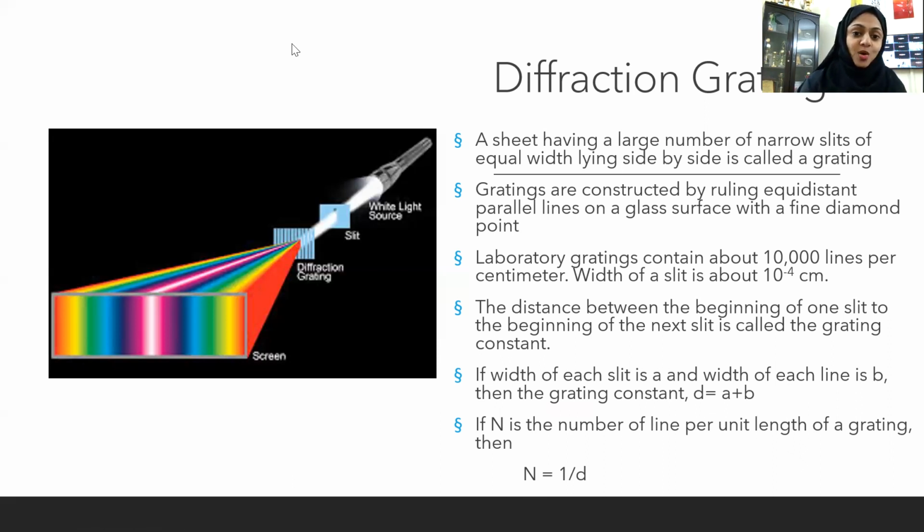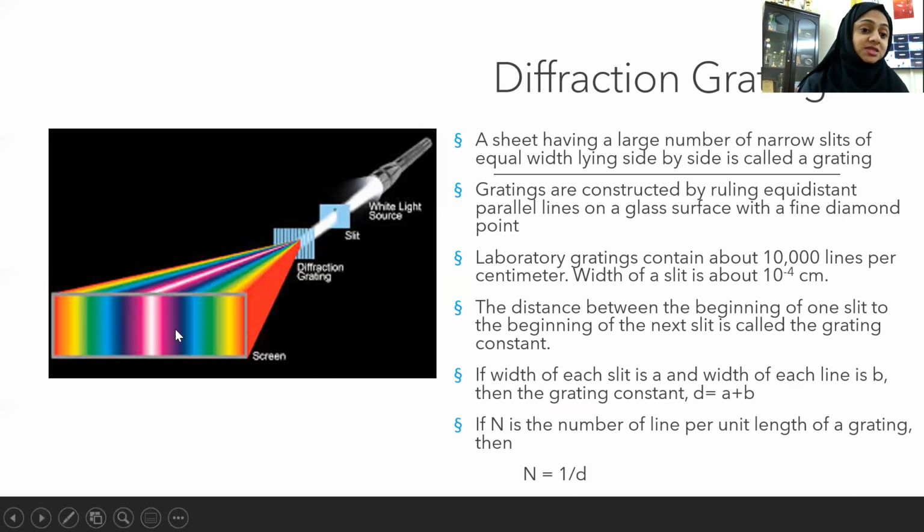Here you can see white light from a source which is passed through a single slit so that we get a narrow beam of white light. And when this narrow beam of white light is incident on a diffraction grating, what we see on the screen is this. In the middle, you will see maximum light passing through, or white light. And to both sides, the light splits into its component colors.